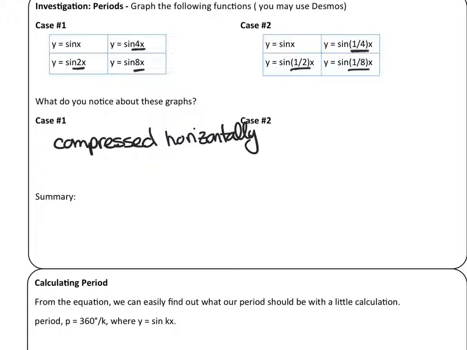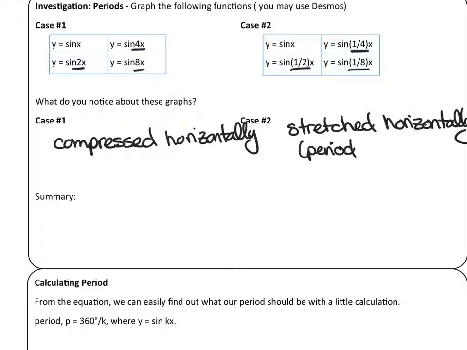And then this one stretched horizontally. So it actually made it take longer to do a full cycle or period. So the periods are longer. And in this case, the period was shorter. And when I say longer and shorter, I mean shorter and longer in terms of 360.